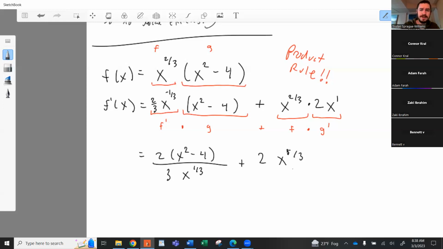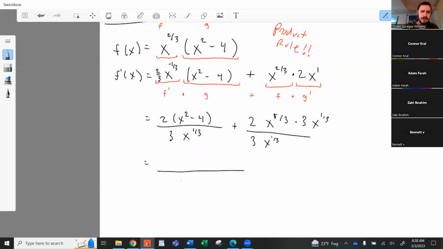If we wanted to get a common denominator, we could use 3x to the 1/3. It might make it a little easier to look at. This then becomes, if I multiply x to the 5/3 times x to the 1/3, 5/3 plus 1/3 is 6/3, which is just 2.